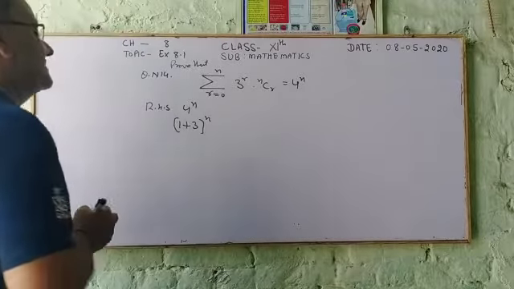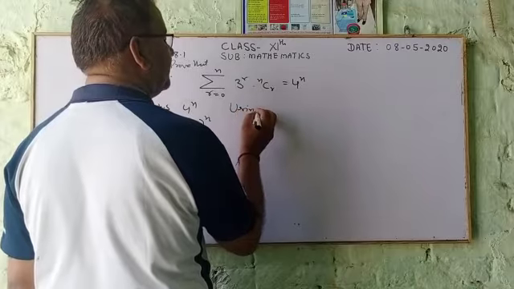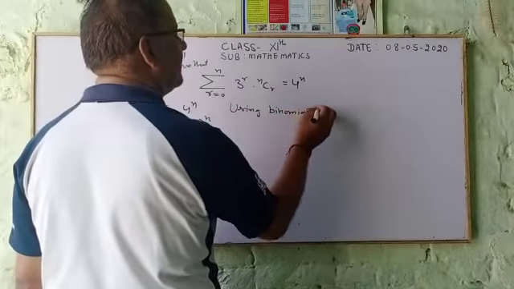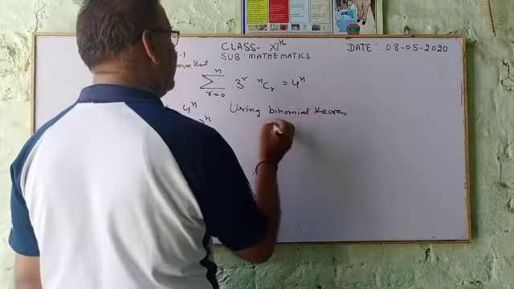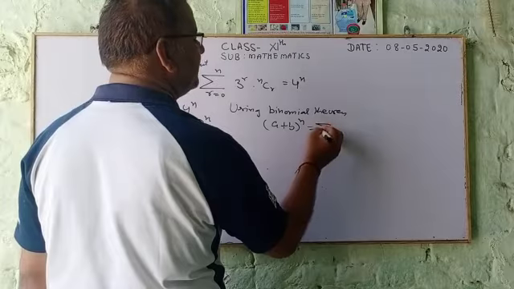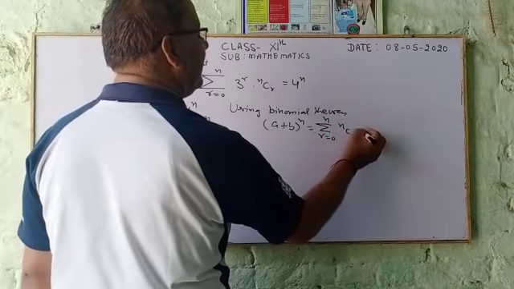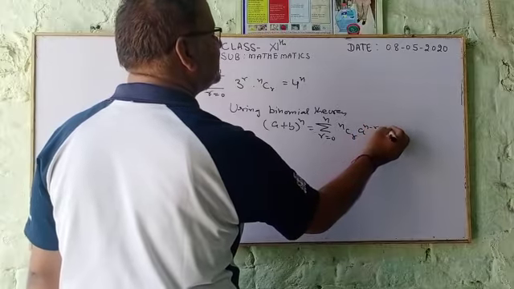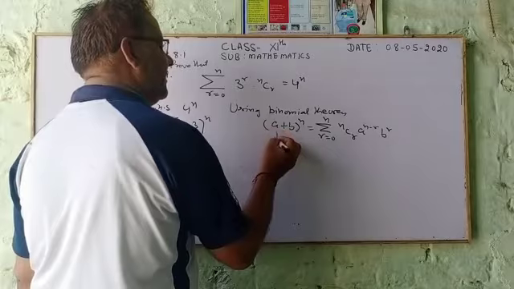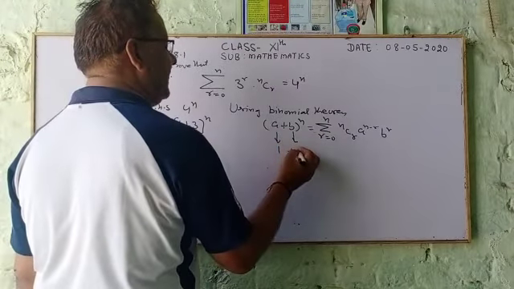So students, using binomial theorem, (a plus b) raised to power n can be written as sigma r from 0 to n, nCr a raised to power n minus r and b raised to power r. In this theorem we are taking a equal to 1 and b equal to 3.